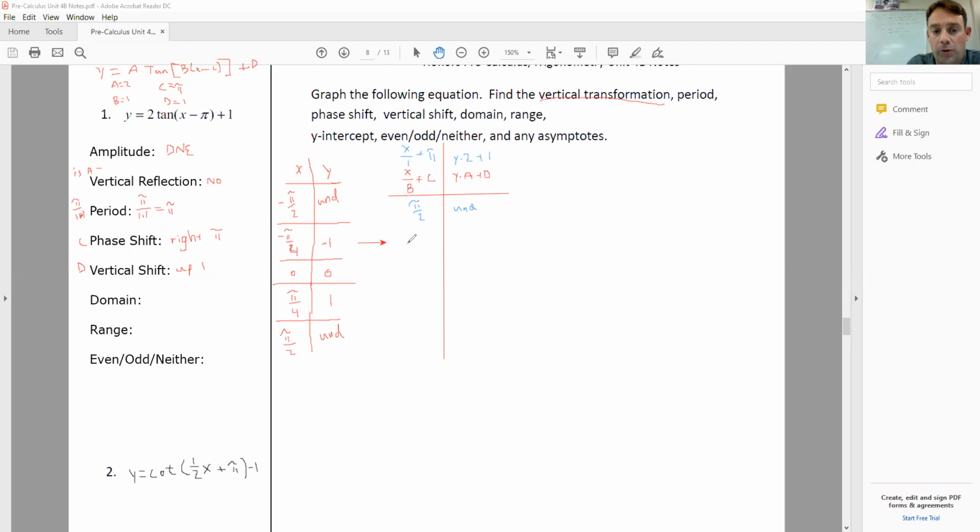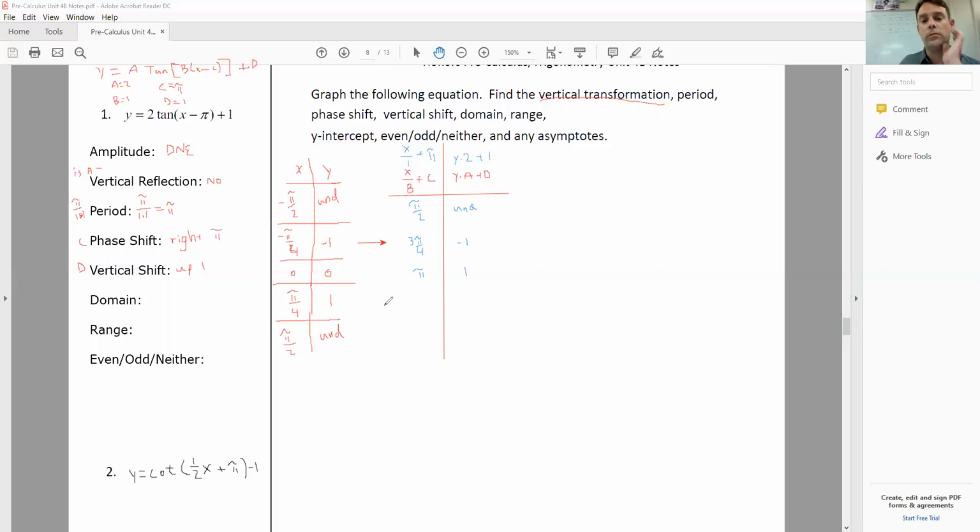Negative pi over 4 plus pi, that would be 3 pi over 4. So negative 1 times 2 is negative 2, plus 1 is negative 1. That didn't change either. Now we're at pi. 0 times 2 is 0, plus 1 is 1.